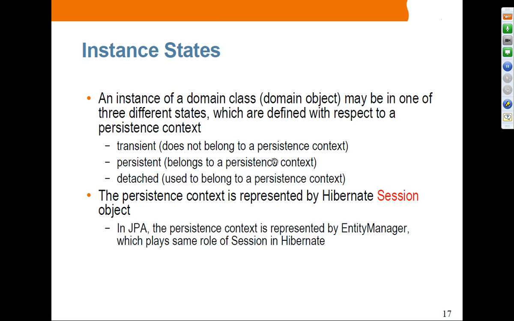For now, just think of the persistent context as a bag of persistent state objects. Persistent context is represented by the Hibernate session. And in JPA, this persistent context is represented by the entity manager, and that entity manager in JPA plays exactly the same role as a session in Hibernate.